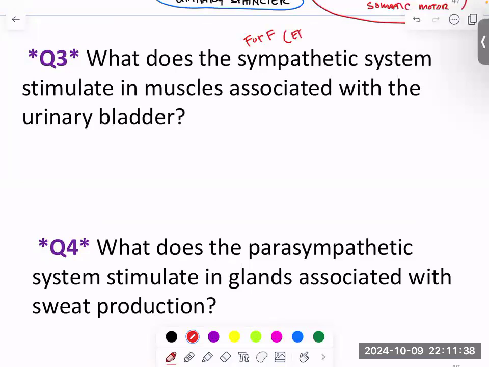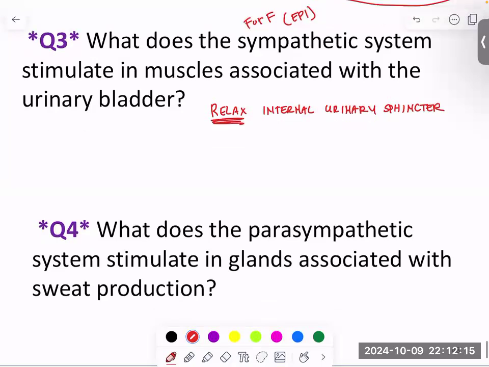Because I can ask you that: what does epinephrine do to the urinary bladder? It's going to relax what? Internal urinary sphincter. Not intuitive. Relax, but it's fight or flight. It's all about the receptors, folks. All about the receptors on those muscles.